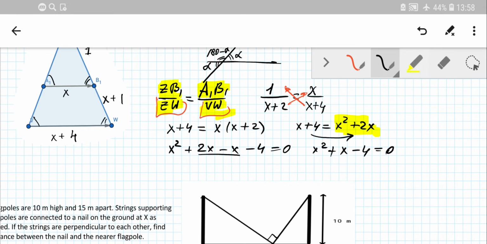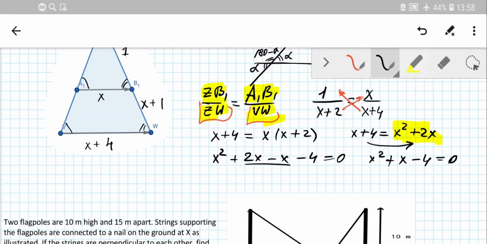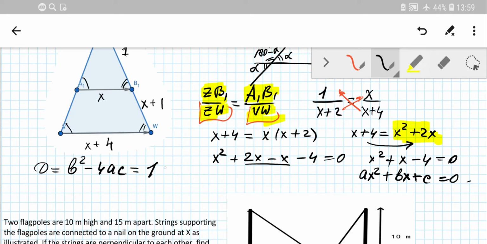Now we're going to use the quadratic formula because I've estimated the discriminant. For the quadratic equation in general form, the discriminant, b squared minus 4ac, is an awkward number because you cannot take its exact square root. Let's see, b is 1, c is negative 4, so we have 1 squared minus 4 times negative 4, so plus 16, and a is 1.